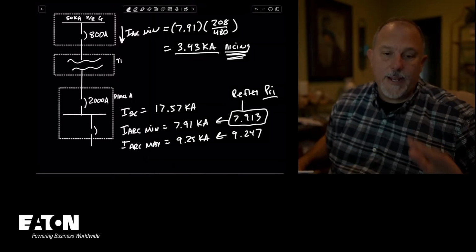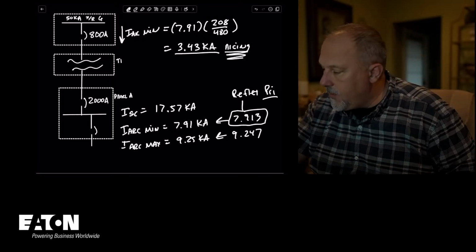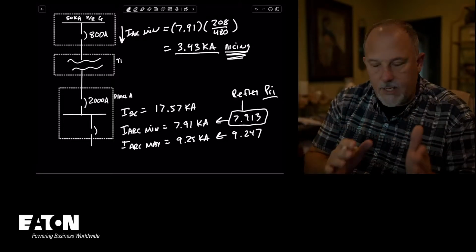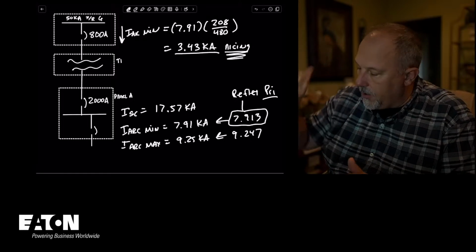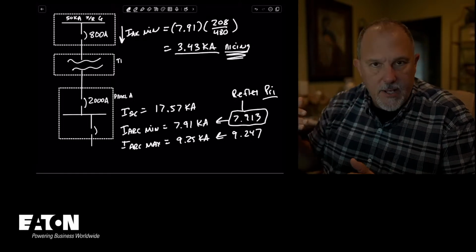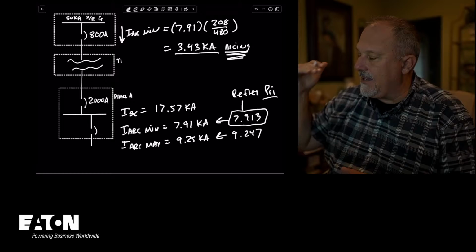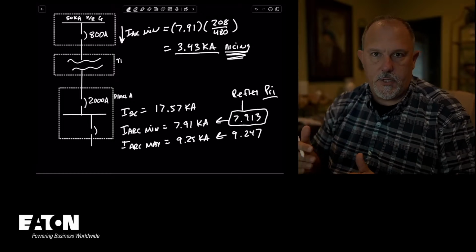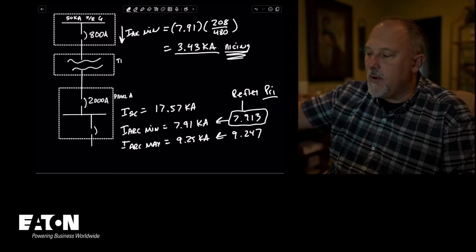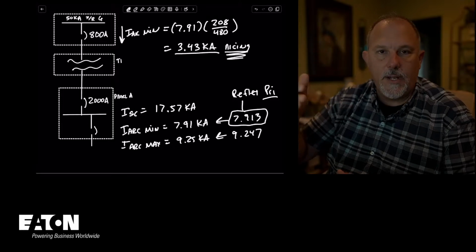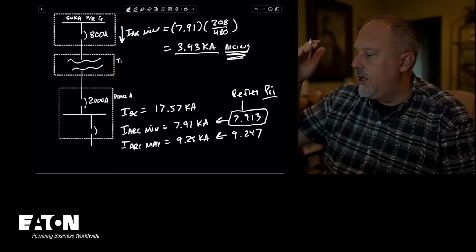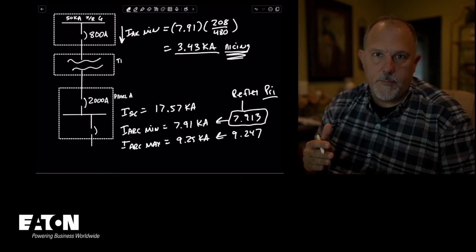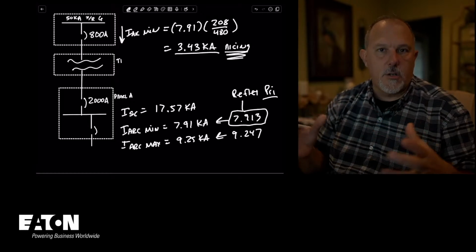So what this means is for an arcing current at that panel board A of 7,913 amps, the primary 800 amp breaker is going to see 3,430 amps. And that's because of the turns ratio.